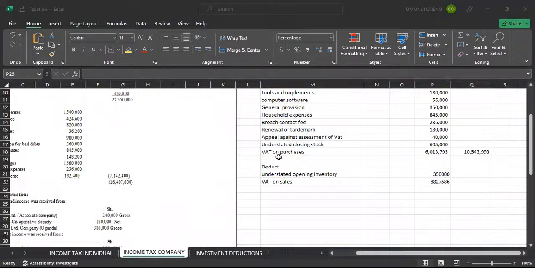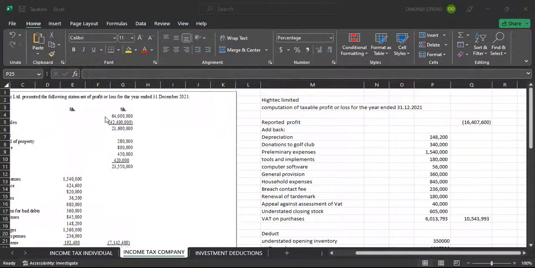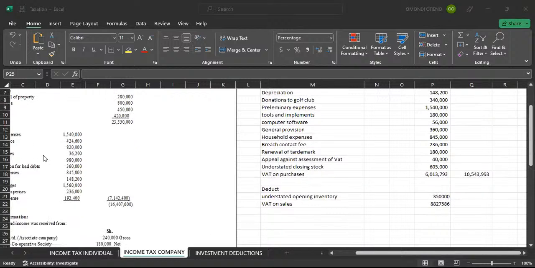So any VAT should not be used to reduce or increase your taxable income. Our sales up here has VAT, which means it is exaggerating, increasing our gross profit. So we have to remove it. When we come to purchases, which is an allowable expense, it is placed there as an expense, so it was reducing our taxable income.